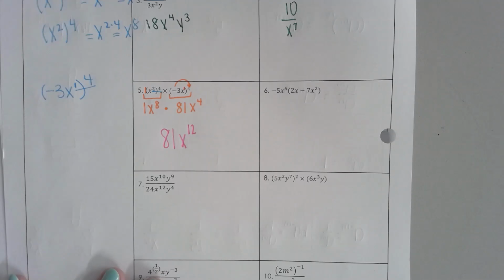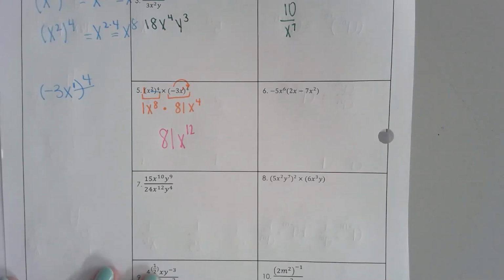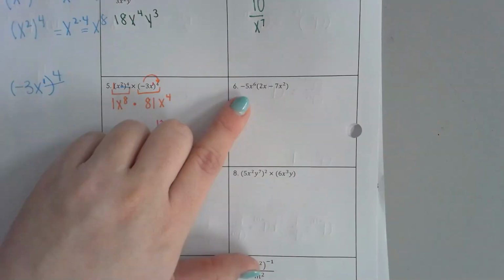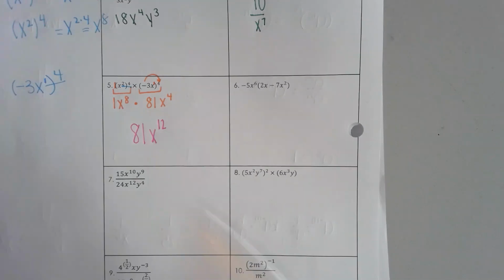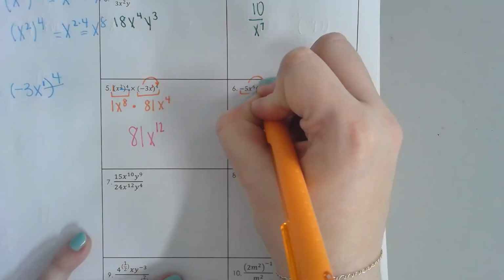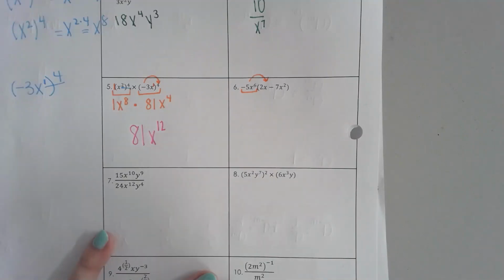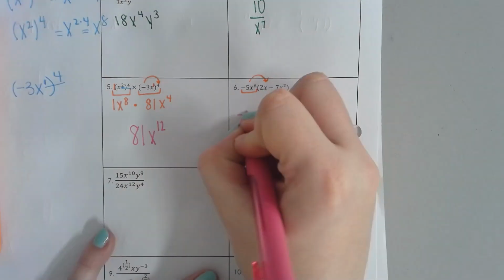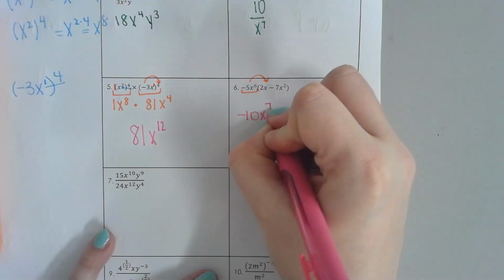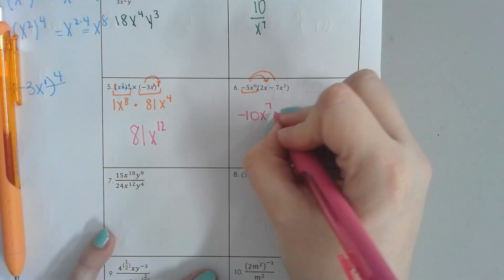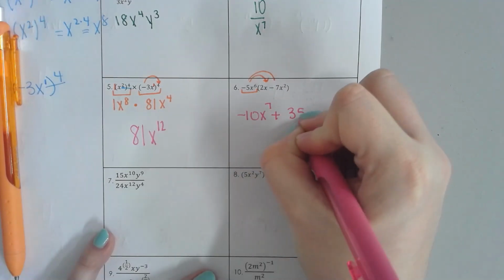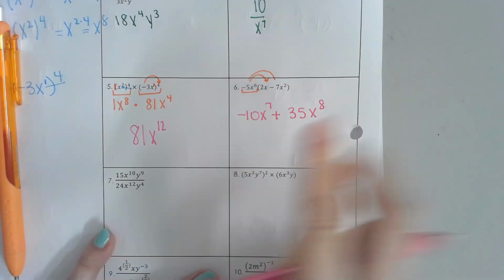The 4th power to get the positive. You multiply by 10x to the 7th plus 35x to the 8th.